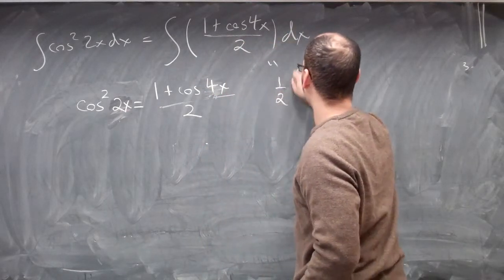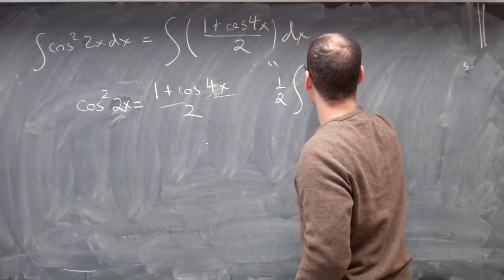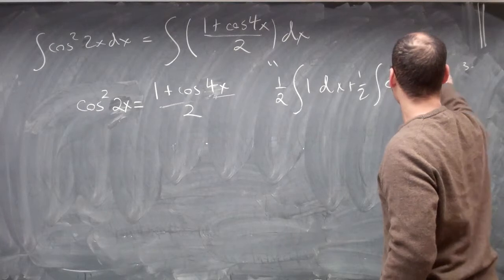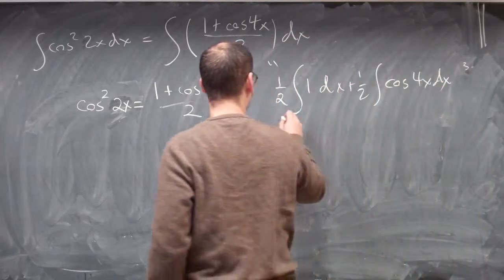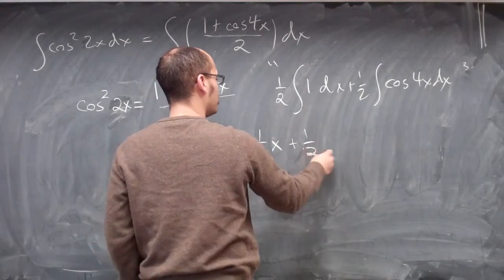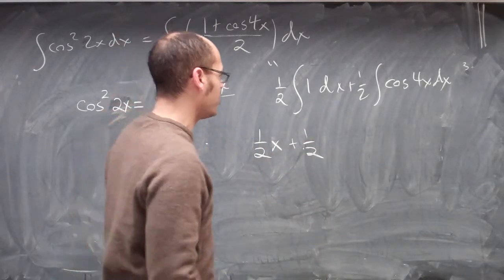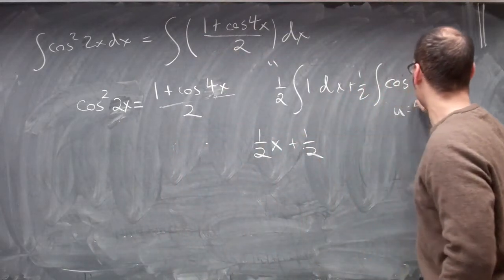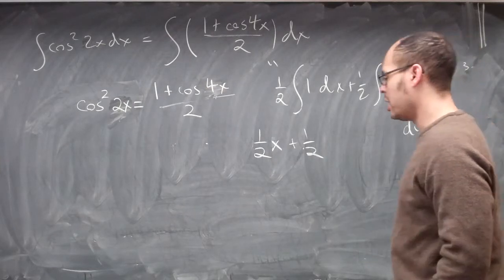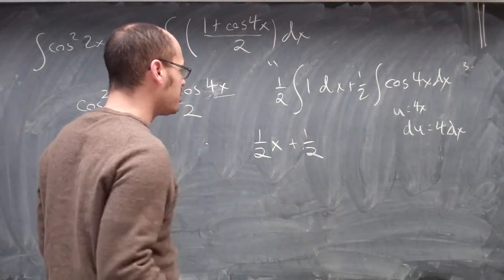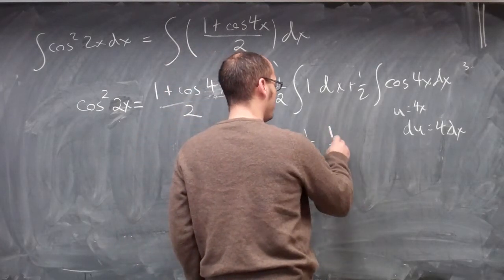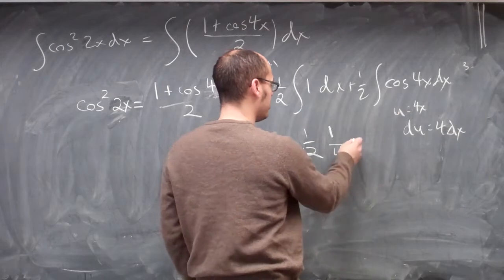That's just 1/2 the integral of 1 dx plus 1/2 the integral of the cosine of 4x dx. Okay, so of course this first one is just 1/2 of x, and the second one, 1/2 of, so we could do U-Substitution, u equals 4x, du is 4 dx, and if you carry that through, what we find is that there ends up being an extra factor of a fourth when you convert from the dx to the du.